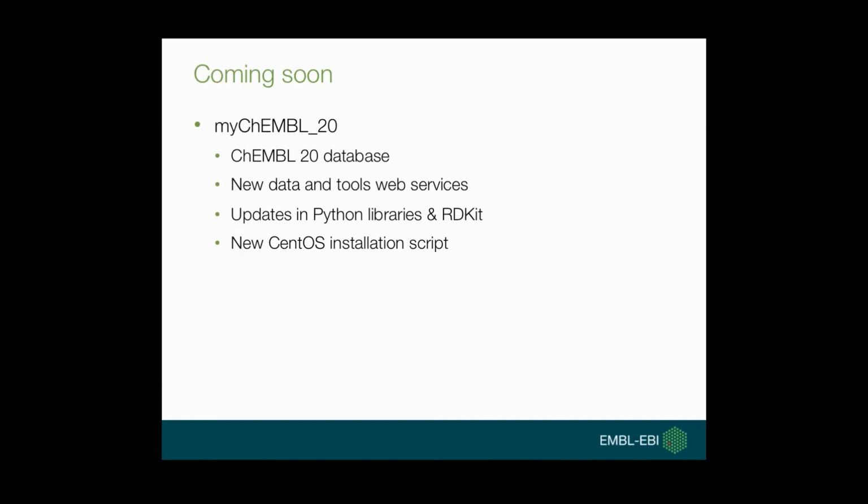So we're going to use an updated version of RDKit, the current stable version. And finally, there's going to be an installation script for CentOS operating systems in addition to Ubuntu. So if people have CentOS machines, they can install myChEMBL there as well.